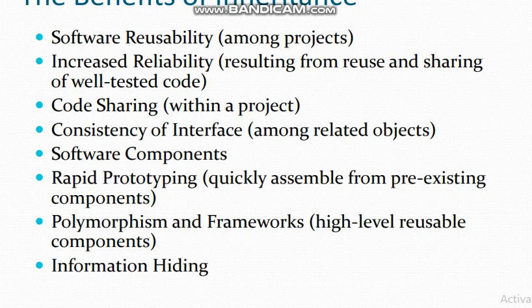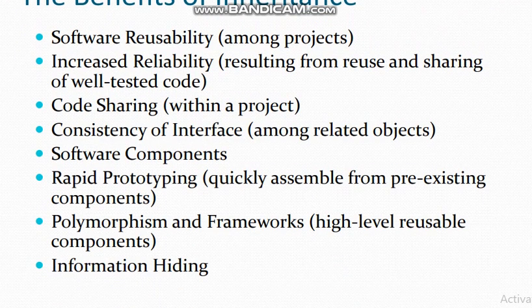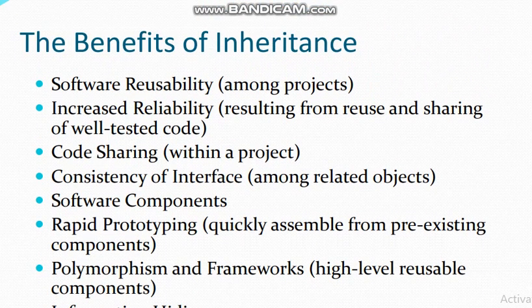So these are some of the benefits of inheritance. The benefits of inheritance include software usability, increased reliability, sharing of code, and consistency of interfaces, that is, among related objects you can consistently make the interfaces.